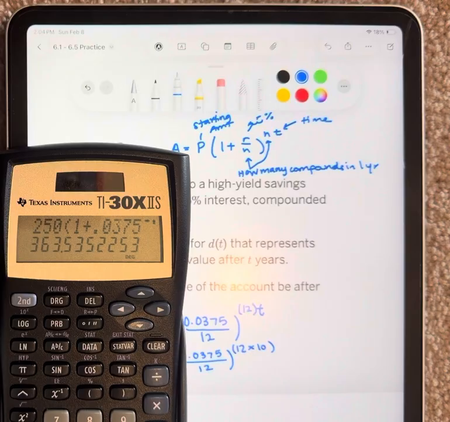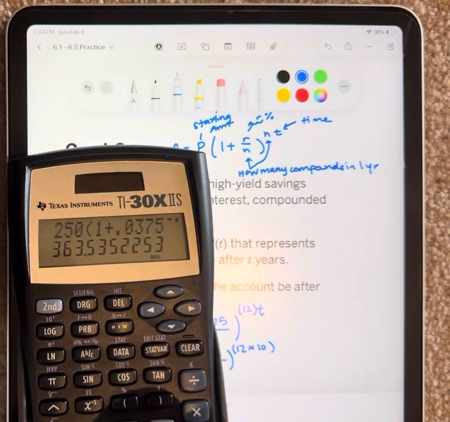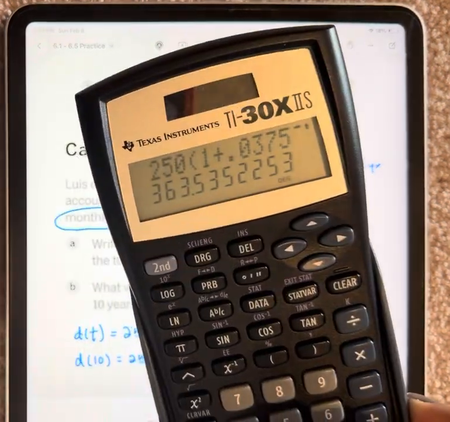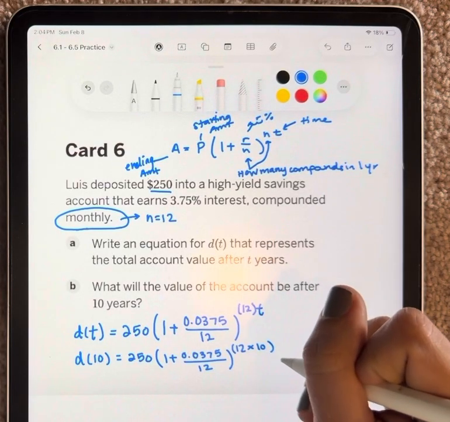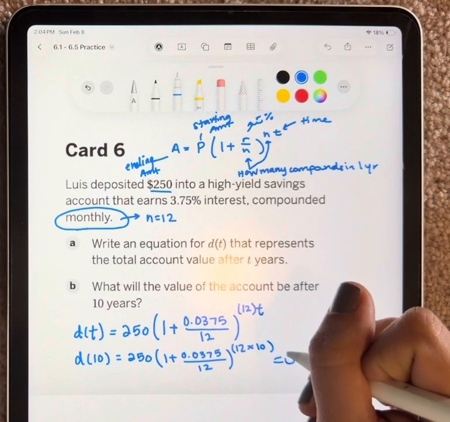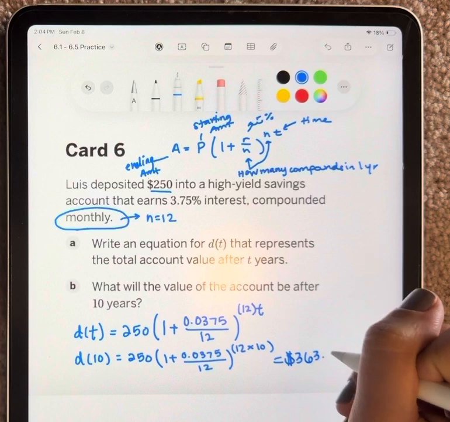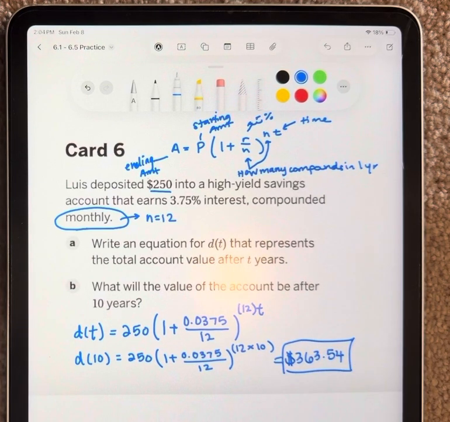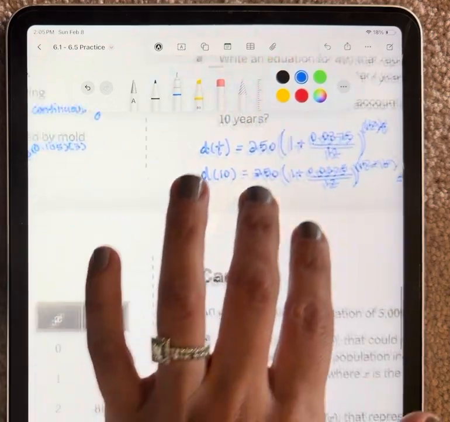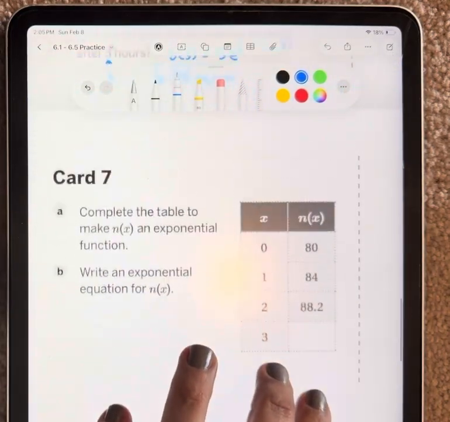And now if I press enter, that's exactly how much money is in that account after 10 years. $363.54. With the units, which is the dollar sign. Okay? All right, let's keep it going.